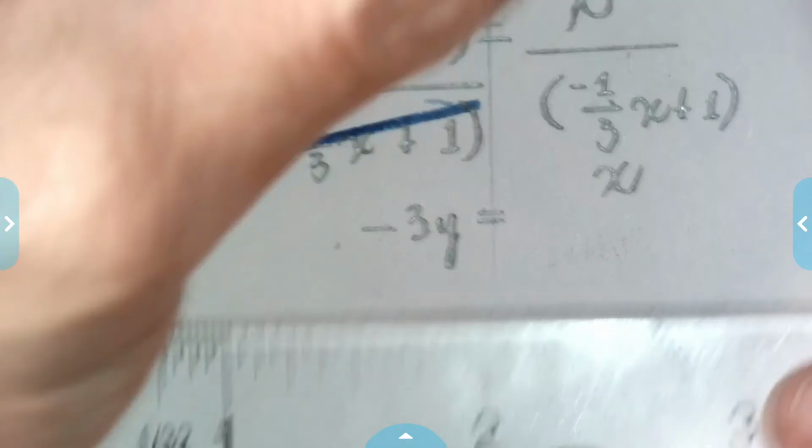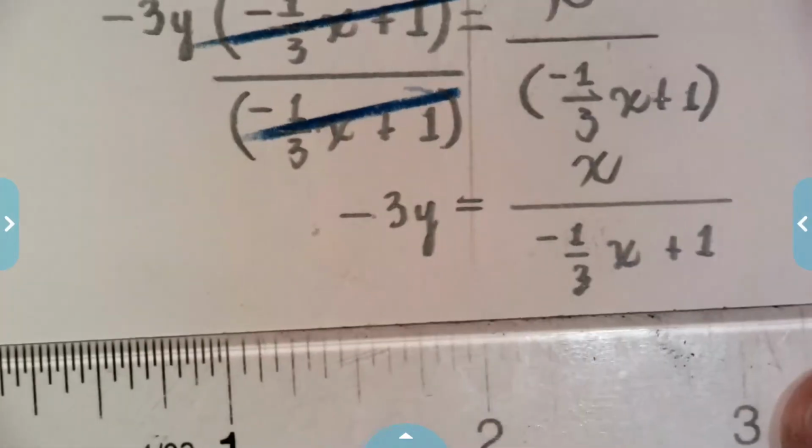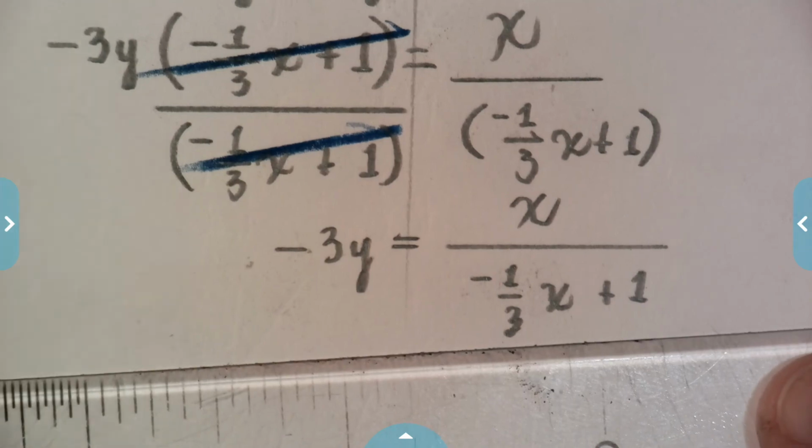Okay, so I've got x over negative, I'm going to drop the parentheses, negative 1/3 x plus 1. Okay, now comes the fun part, right?